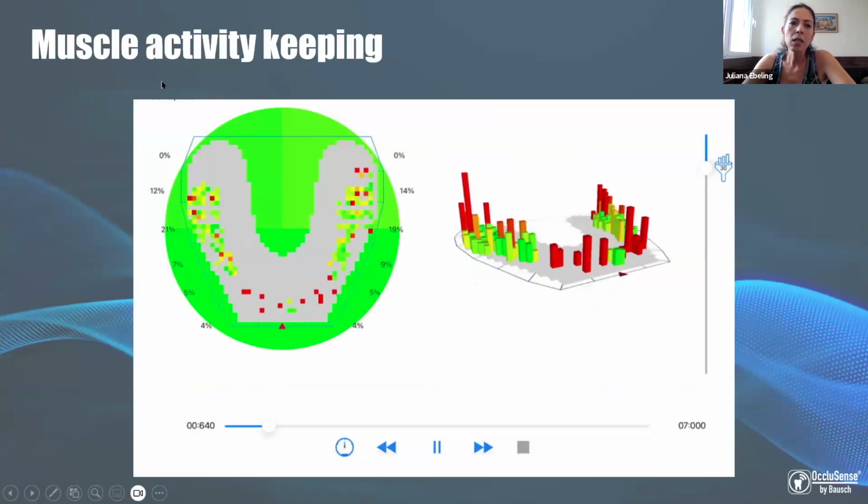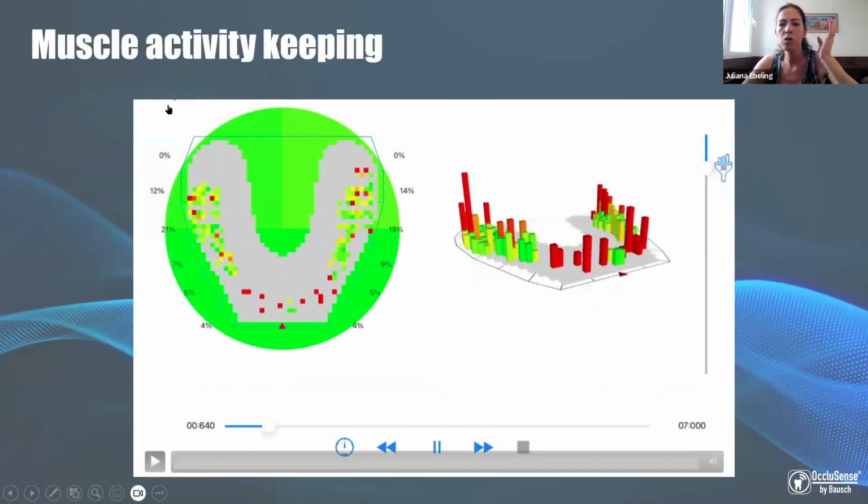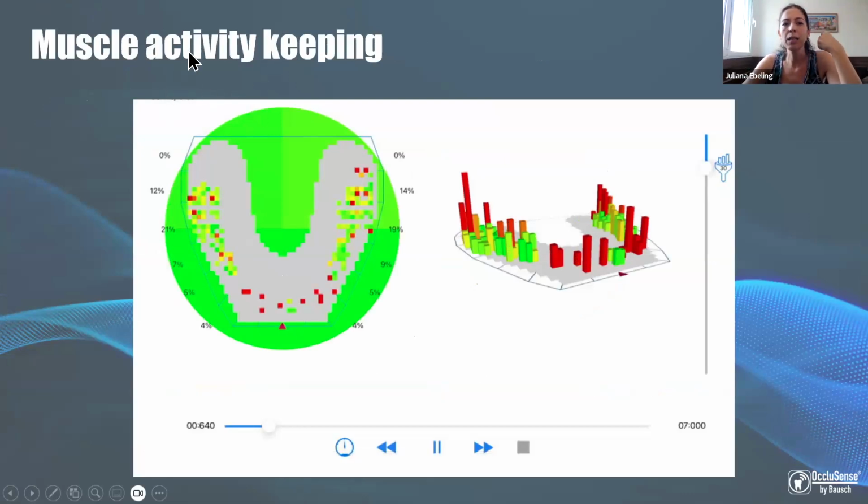So another thing that we must have in mind is that this muscle activity is not static. I ask the patient to bite with force, and this patient is able to keep it there all the time? It's not.